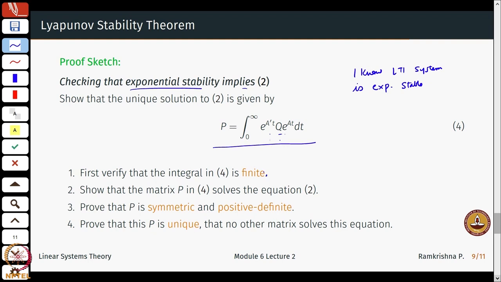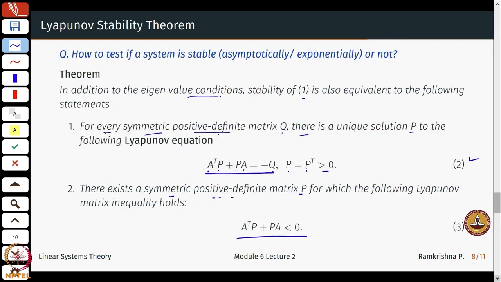Second, I need to show that if the system is exponentially stable, which means e power A t converges exponentially fast, then this P actually solves this equation.